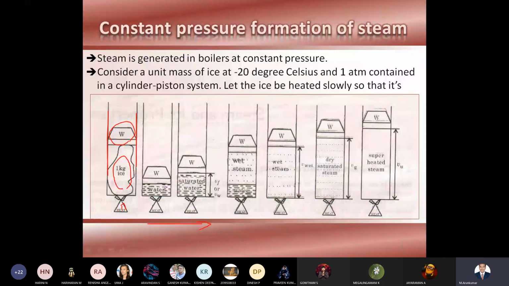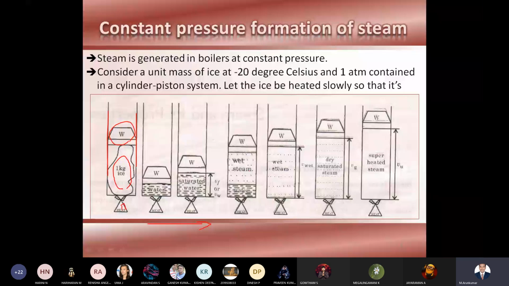Then the water is transferred as saturated water. During this process, the volume of this water will increase, right? The specific volume of the water will increase. Then if you keep on adding heat energy to the system, the saturated water will try to produce steam, that is wet steam.